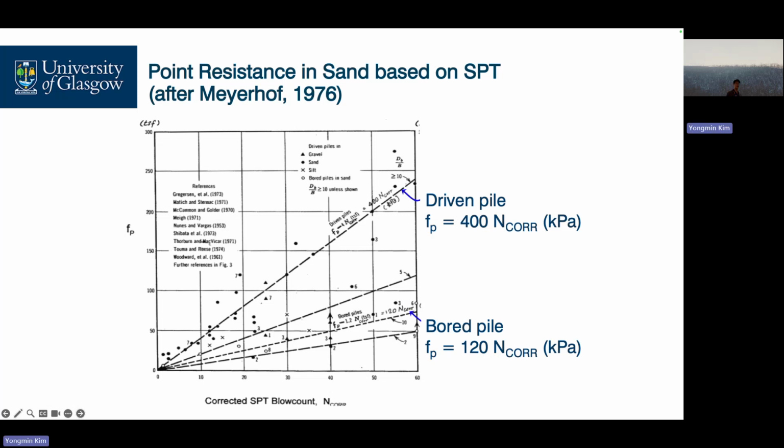Why? This is my question. Why is the bored pile's point resistance half of the driven pile's? Simple. Uncertainties of the end bearing.